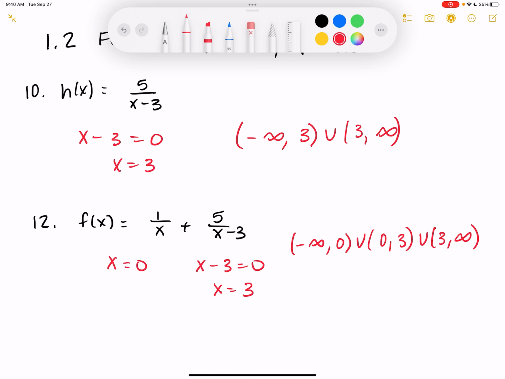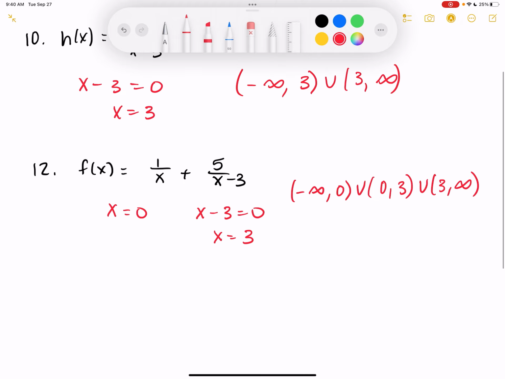And then 0 to 3 is everything in between those two, and then the 3 to infinity is everything after 3. I will say the middle one is the one that people leave out most often. Because I think they're like, oh, that's the ones we found that aren't. But technically, 0.00001 works. It's just 0 doesn't work, you know.